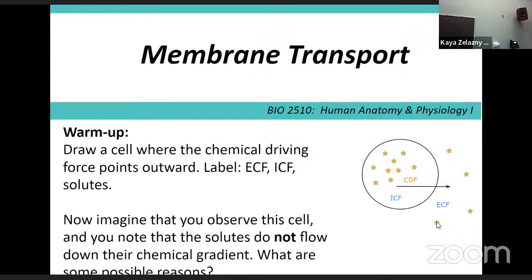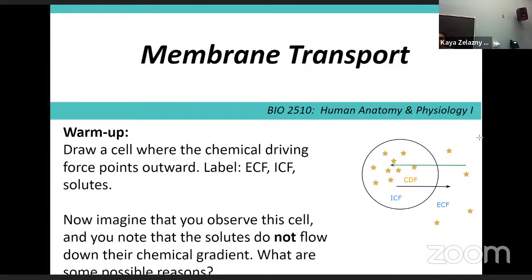So when we were talking on whatever day that was, Wednesday, where we saw the two areas on our figure. Yeah, so that actually does kind of get to this question that I'm asking, right? So all we have drawn on here is the chemical driving force. So a reason we might have solutes not going in that direction is the electrical driving force, which is a separate force on the particles, right? So if we had a really large electrical driving force pointing the opposite direction, let's make it longer so we can see it's bigger, right?